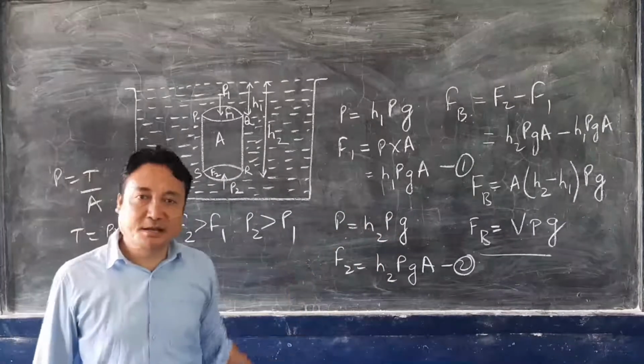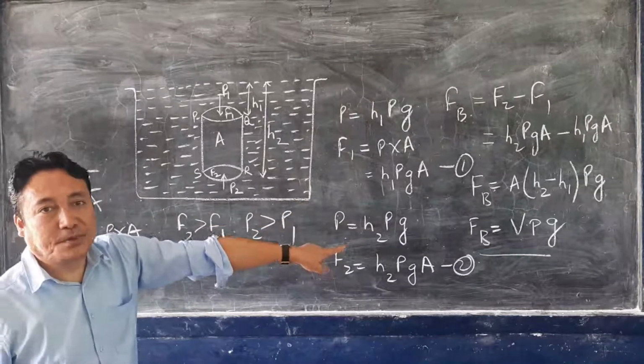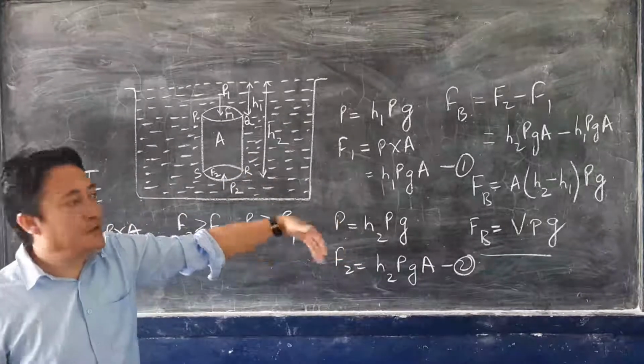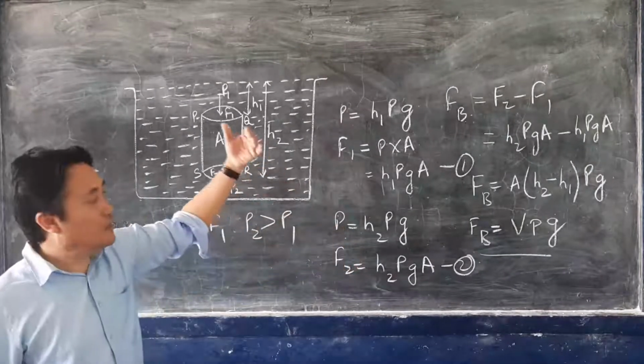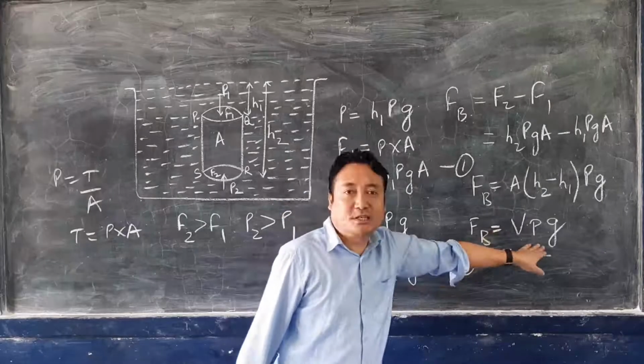This is the mathematical proof, and remember this formula when you solve numericals. When a body is immersed in a fluid, if you are required to find the upthrust, you can directly use this formula.